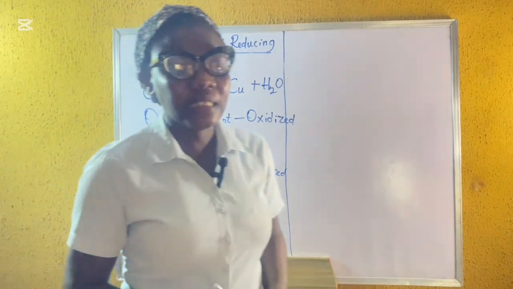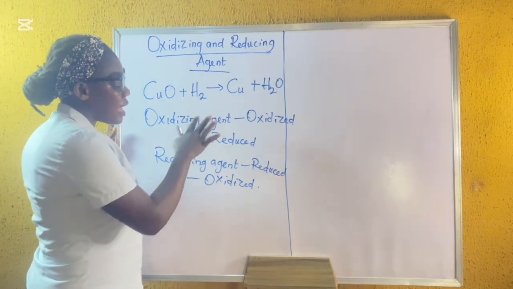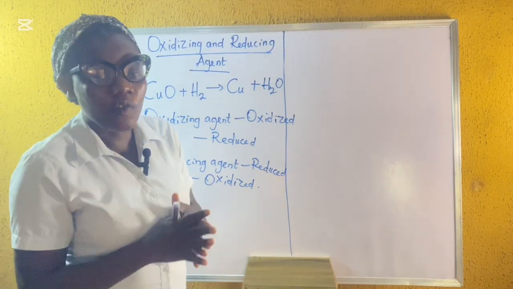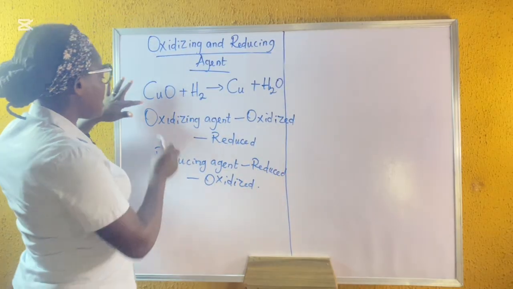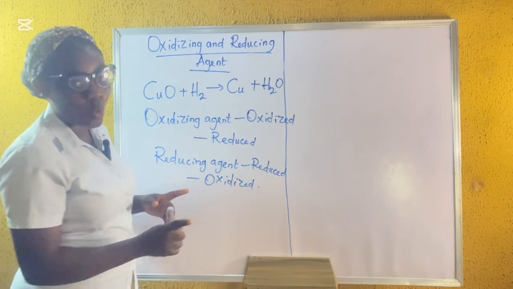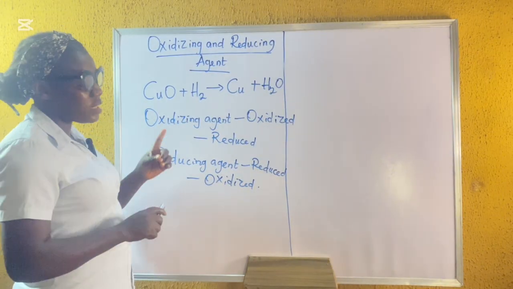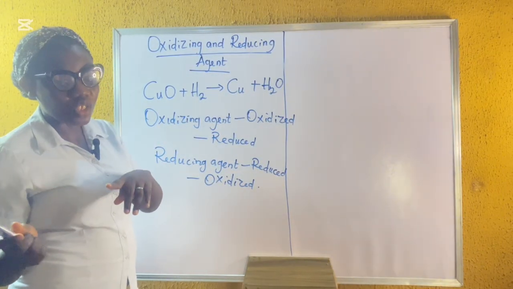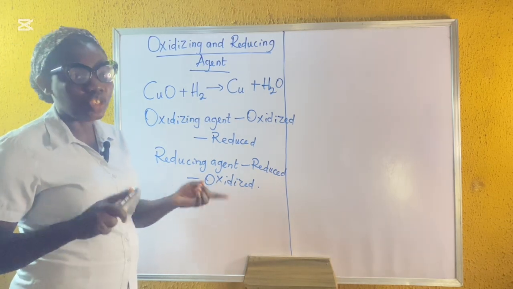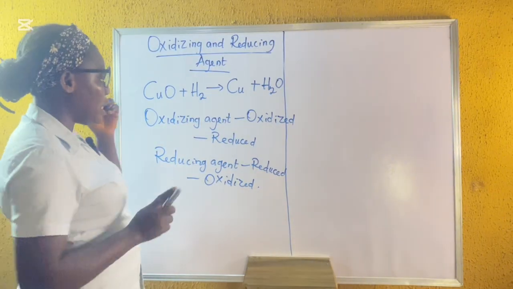So let's look at this together. I said an oxidizing agent causes another substance to be oxidized. For example, the CuO plus H2 to give Cu plus H2O. We learned oxidation, and I'll just recap. Oxidation is addition of oxygen. Oxidation is also removal of hydrogen, and oxidation is also the loss of electrons.